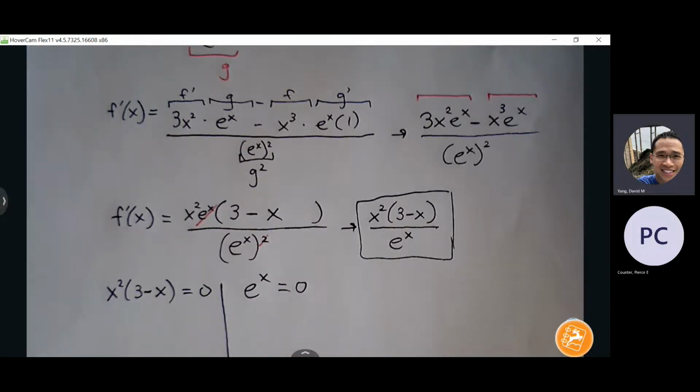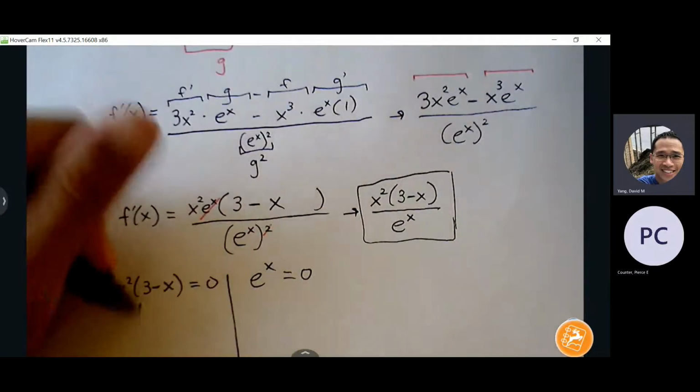Okay, x squared and 3 minus x equal to 0. Those are two separate terms there.